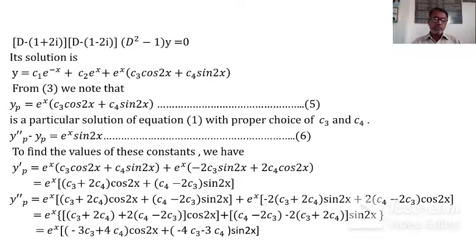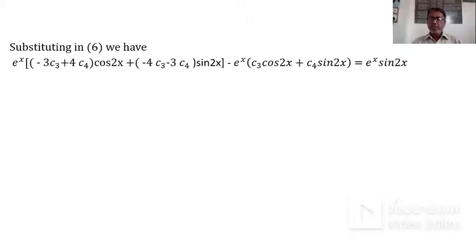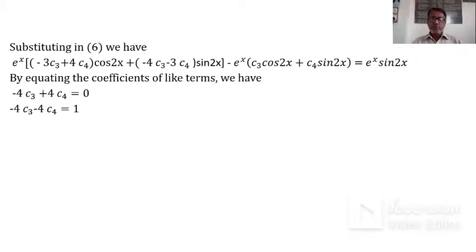You do these calculations, you only take the derivative: yp dash, yp double dash, and then substitute the values of yp double dash and yp in equation 6. We get this. Now compare the coefficients of like terms.